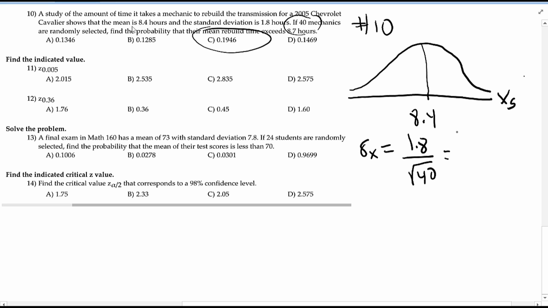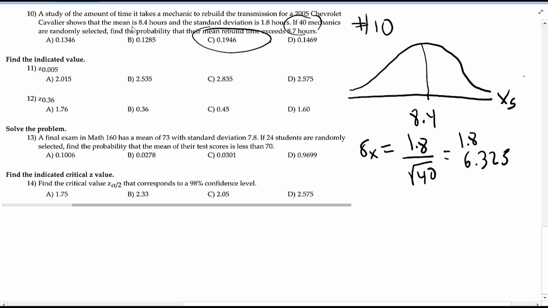Right? So let's be careful here because that's where our last problem went off, with some decimals. The square root of 40 gives me 6.324. I'm going to use 6.325 for now. That is the standard deviation.